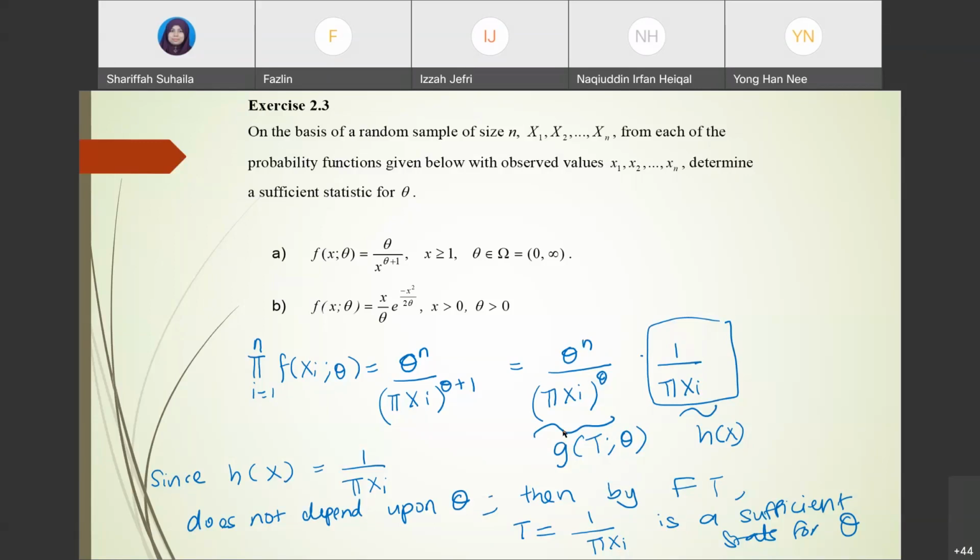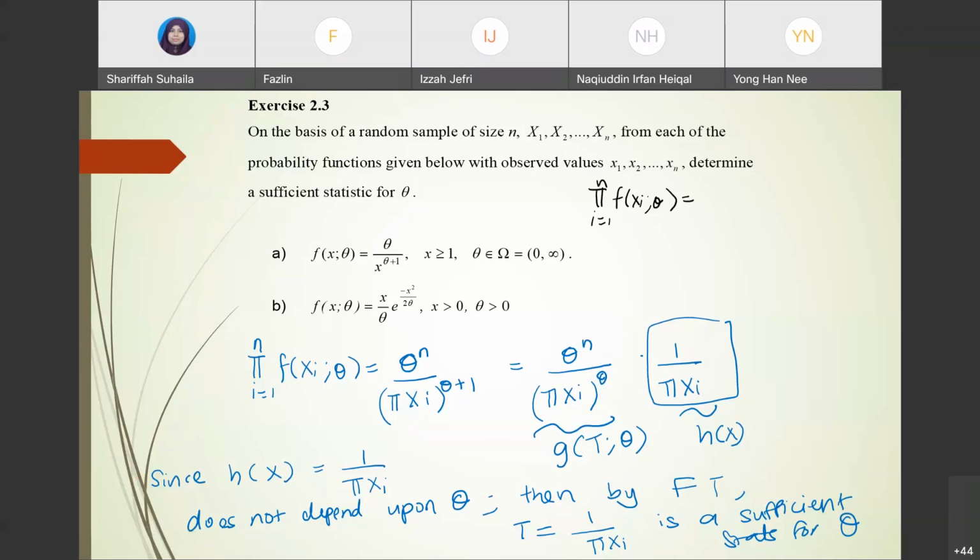Okay, so part yang kedua tu, f(x; theta) equals x over theta, exponential negative x square over 2 theta. Okay. So this one pun, again, the same thing here. So you just use the product, joint PDF there. Okay. So that means here you have i equals 1 up to n, f(xi; theta).